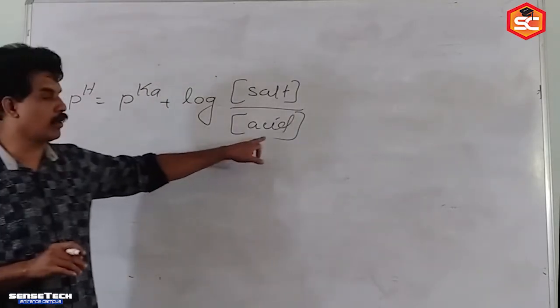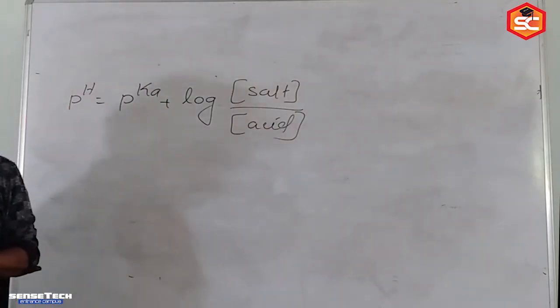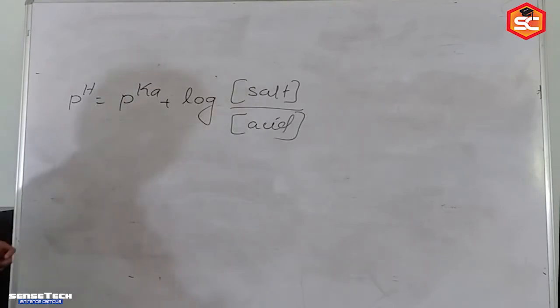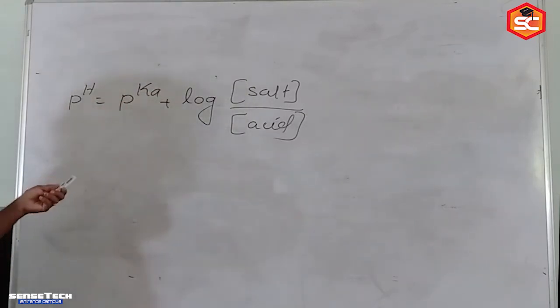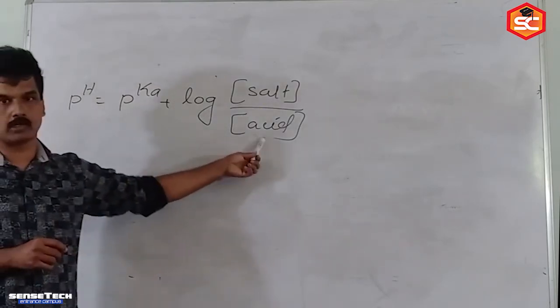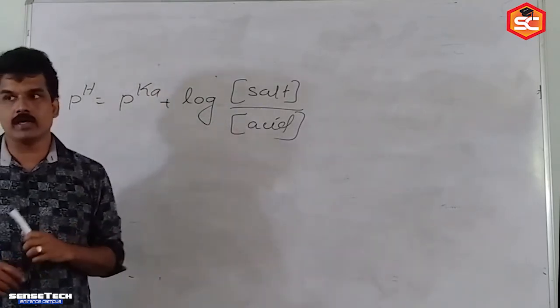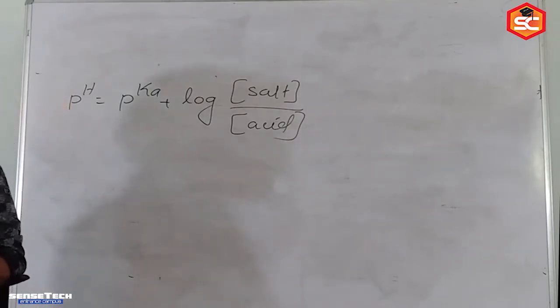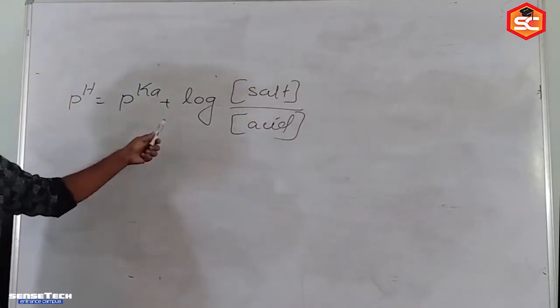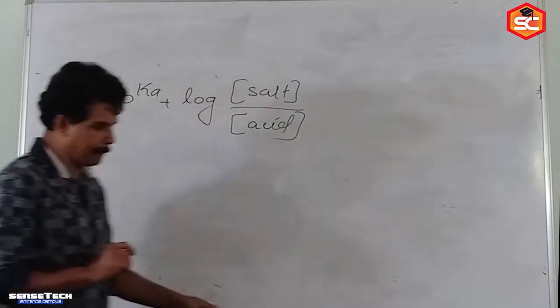For basic buffer, here you have to choose the base: pH is equal to pKb plus log salt by base. For acidic buffer take the acid concentration, and for basic buffer take the base concentration. Weak acid and weak base, acidic buffer and basic buffer. Clear now? This formula also you must know for acidic buffer and basic buffer.